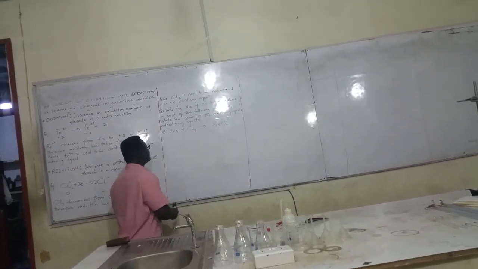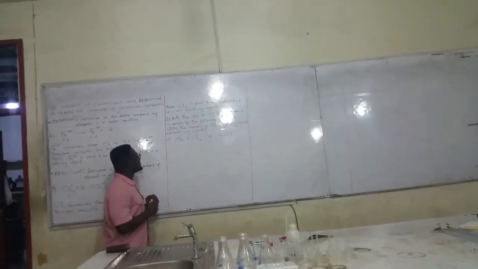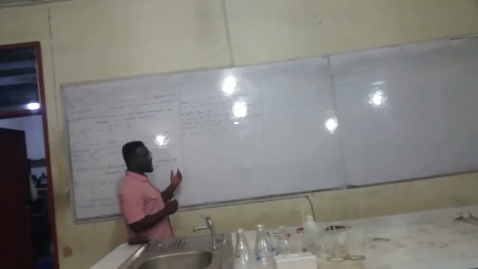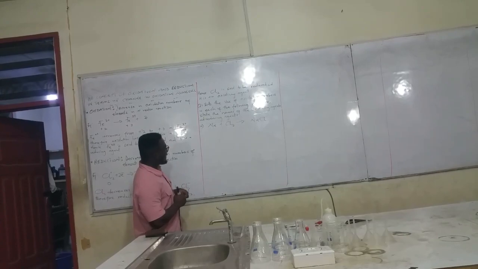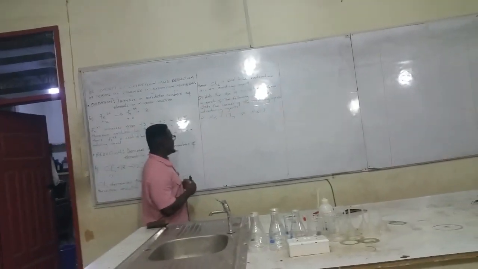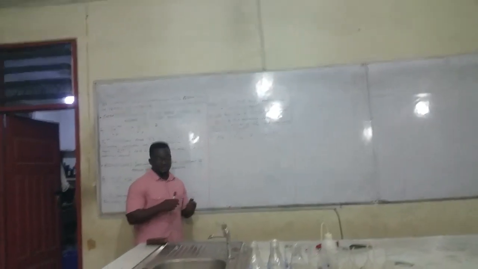It says with the use of oxidation numbers in each of the following reactions, I'll add the rest of the reactions, state the names of the oxidizing agents and the reducing agents. So here we are going to look for oxidizing agents and the reducing agents.